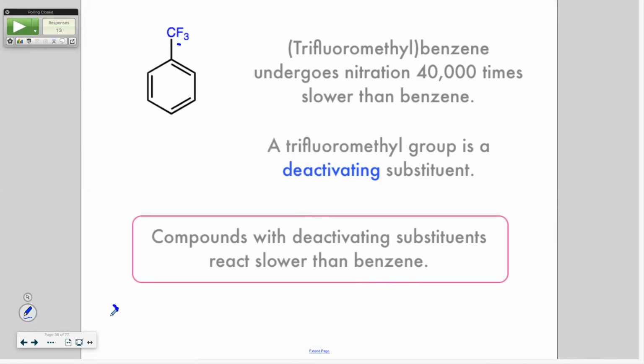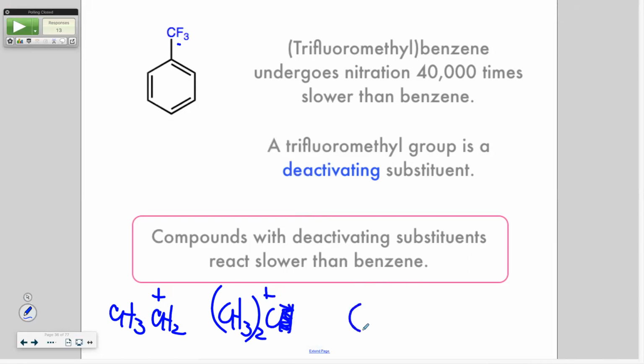Do you remember when we talked about carbocations? Primary, secondary. Oops, I added too many hydrogens there. And no, I didn't. I need one. 1, 2, 3. Yeah. And tertiary. So that one's got 3. Okay. Which one of those is more stable? The tertiary. Okay. Because the methyl groups are all donating electron density into the carbocation.